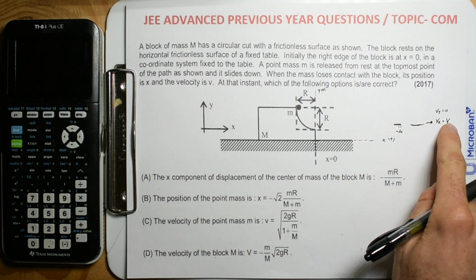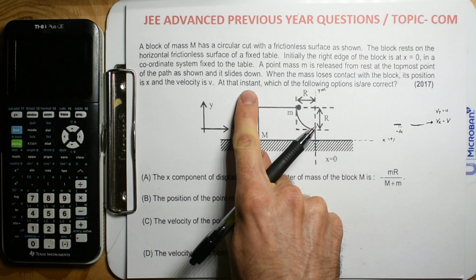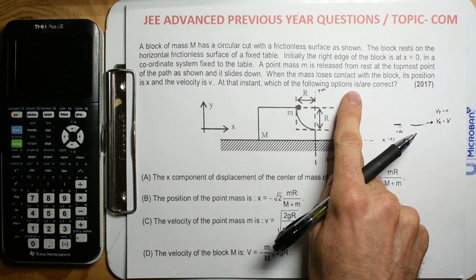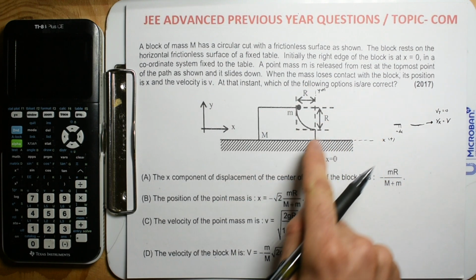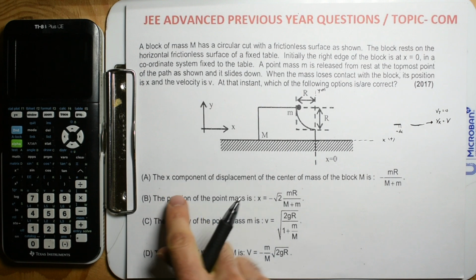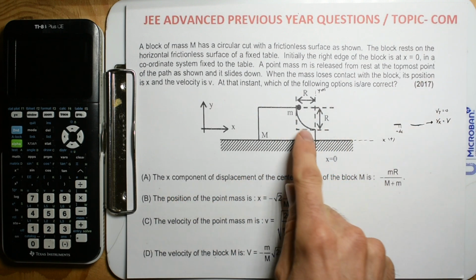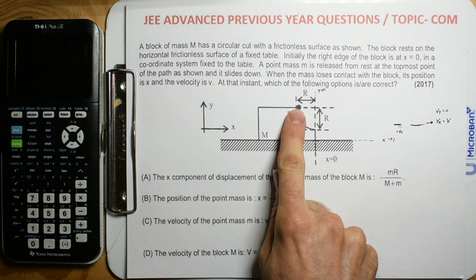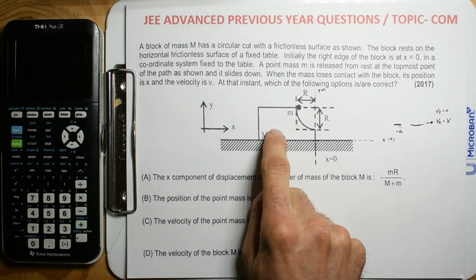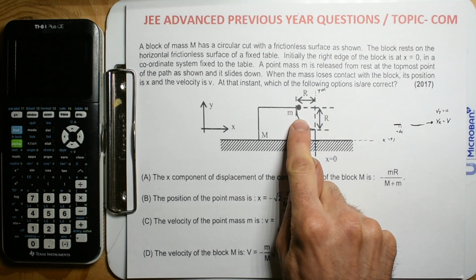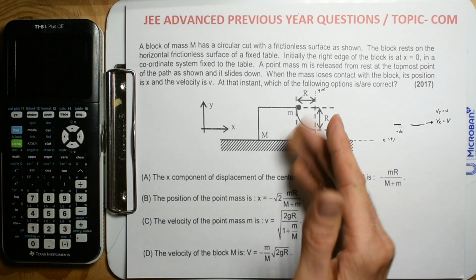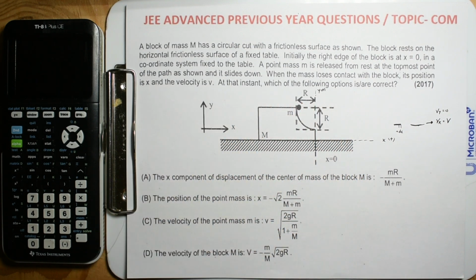We were just talking about that. At that instant, which of the following options is or are correct? We better read these, because I'm sure what we want to find is the velocity of the block. Even as this thing gets to the halfway point, this block is going to start to move that way.